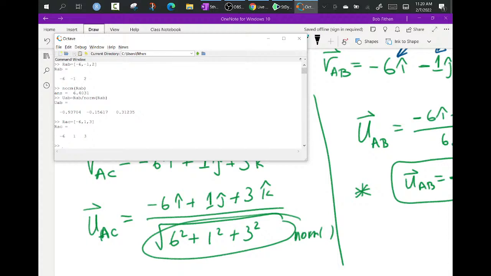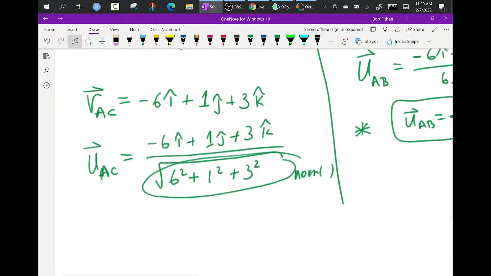And so I got it listed in there, so now I'm just going to find the unit vector going from A to C there. We go to RAC, divided by the norm of RAC. Okay, so I'm going to bounce back and forth again.